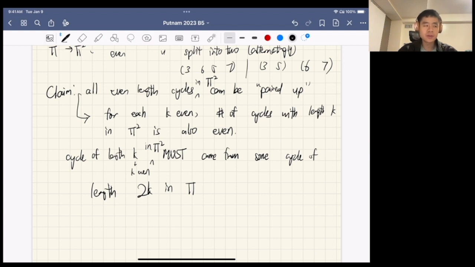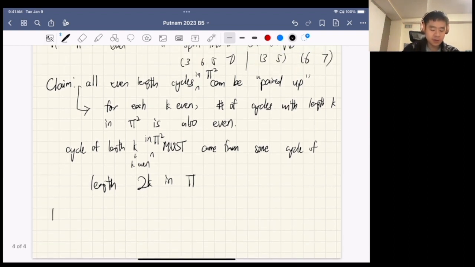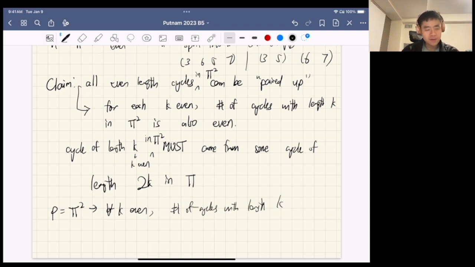So now this becomes: if rho equals pi squared, then for all even k, the number of cycles with length k, I feel like at this point we might as well give it a variable name, we call this n_rho(k), must be even, and so this limits the condition that rho must satisfy.